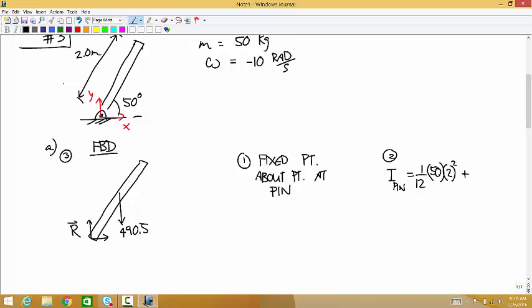The parallel axis theorem part is the mass times the distance from the center of mass to the point that we care about. So what's that length, that distance? This is 2 meters long, so 1.